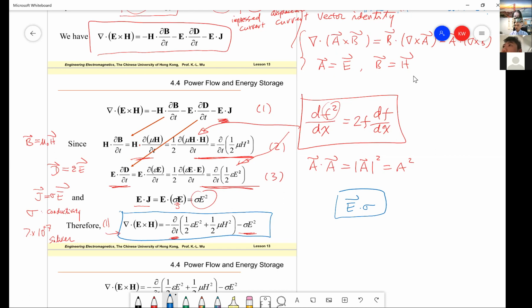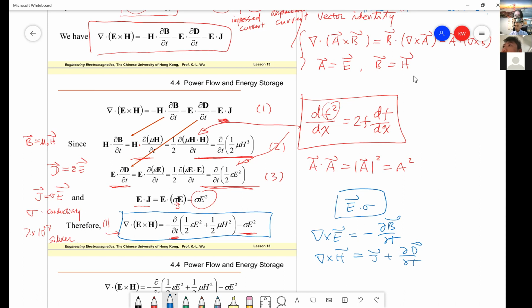Sure, you can have a very academic answer: you write down the Maxwell equations, by Faraday's law and Ohm's law. So this is one way.